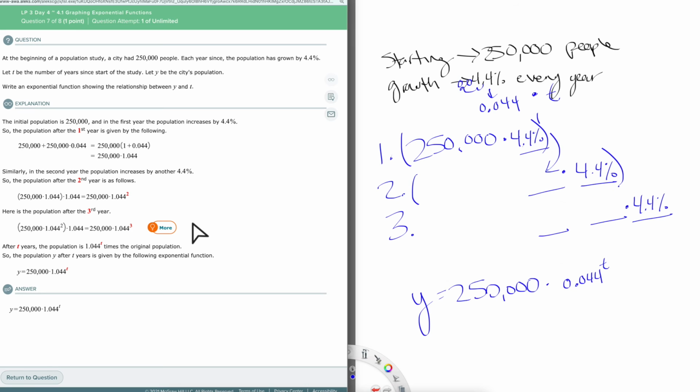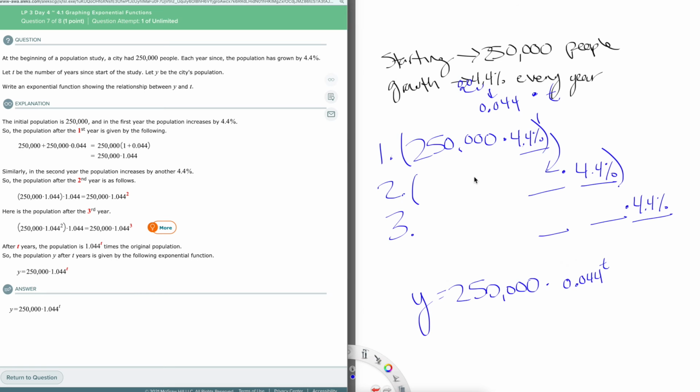Oh, darn it. I forgot to add the 1 back. That was a silly mistake. The 1 here represents the 100% of the 250,000. Otherwise, if we did 250,000 times 4.4%, we'd have 11,000.